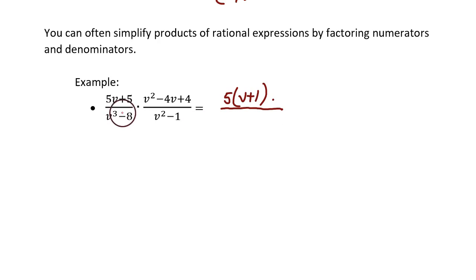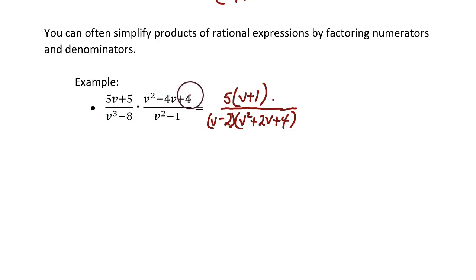In the denominator, this is a difference of cubes. It factors with a double parenthesis pattern, a smaller parenthesis and then a larger parenthesis. This is v minus 2, then v squared plus 2v plus 4.